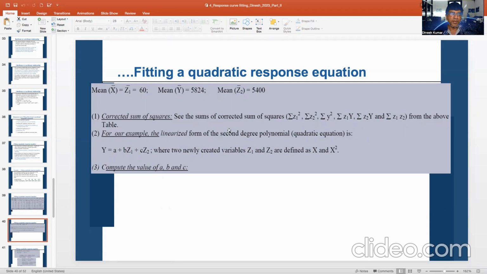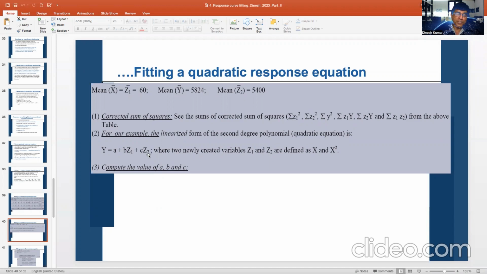So from the above table, for our example, the linearized form of the second degree polynomial quadratic equation is y equal to a plus b z1 plus c z2. In place of x, it is capital Z1. Actually, it is x square, so x square has been made equivalent to capital Z2.